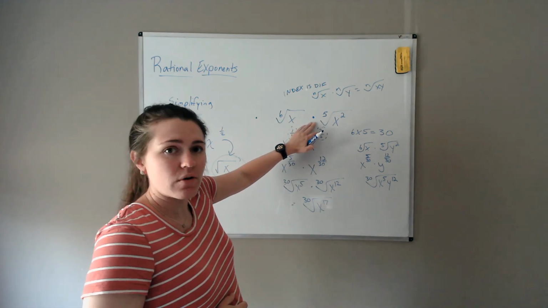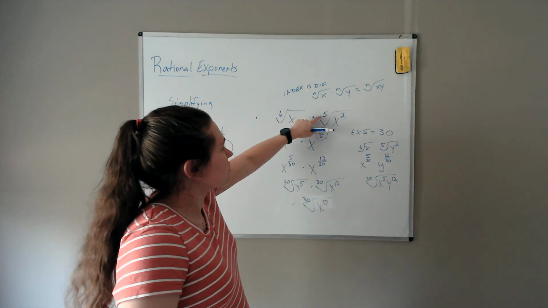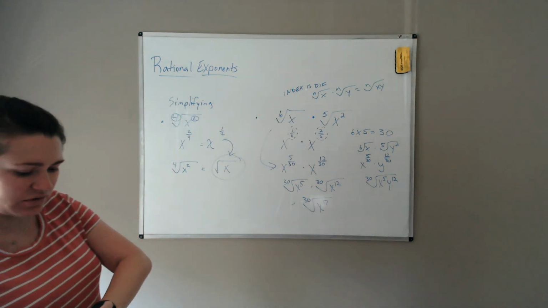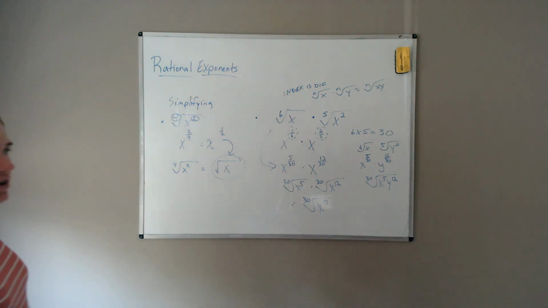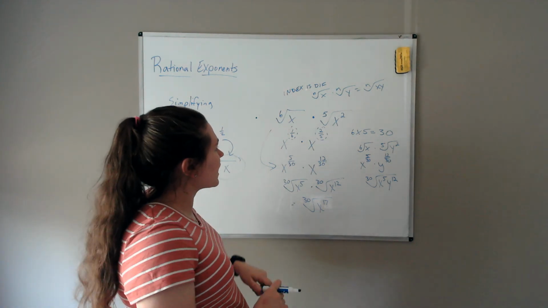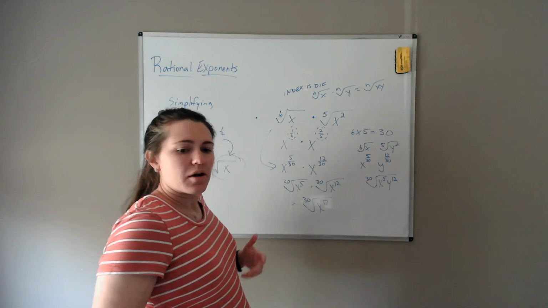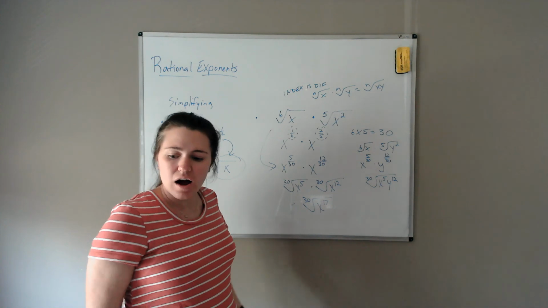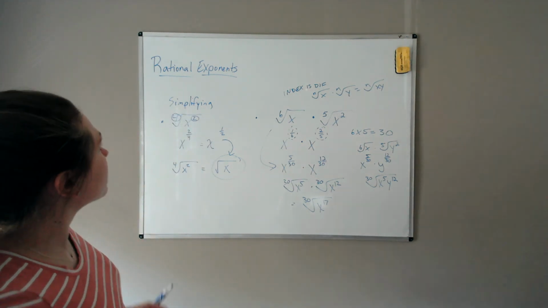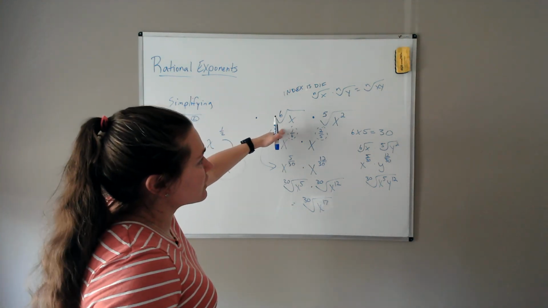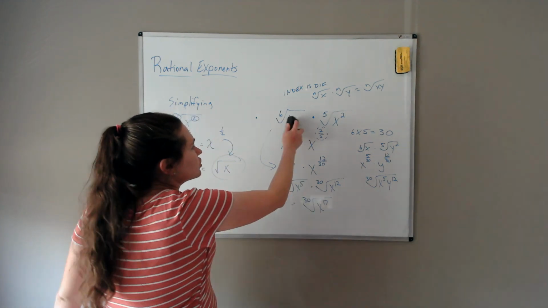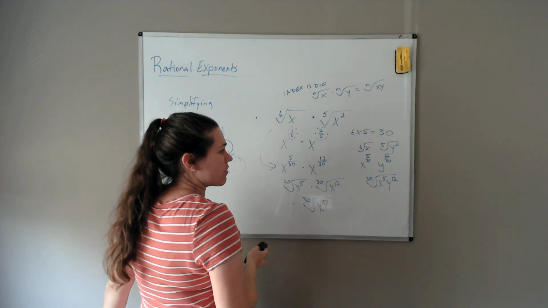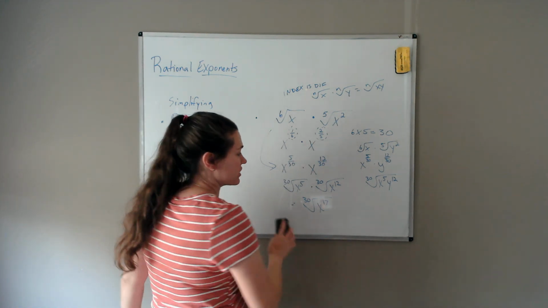You can't multiply them until they have the same index, but now you know how to get the same index. Using rational exponents allows you to create an equivalent fraction with a common denominator, which means you now have a common index. So now when you have to multiply two radicals that don't have the same index, you know how to take care of it so that you can multiply all radicals together.